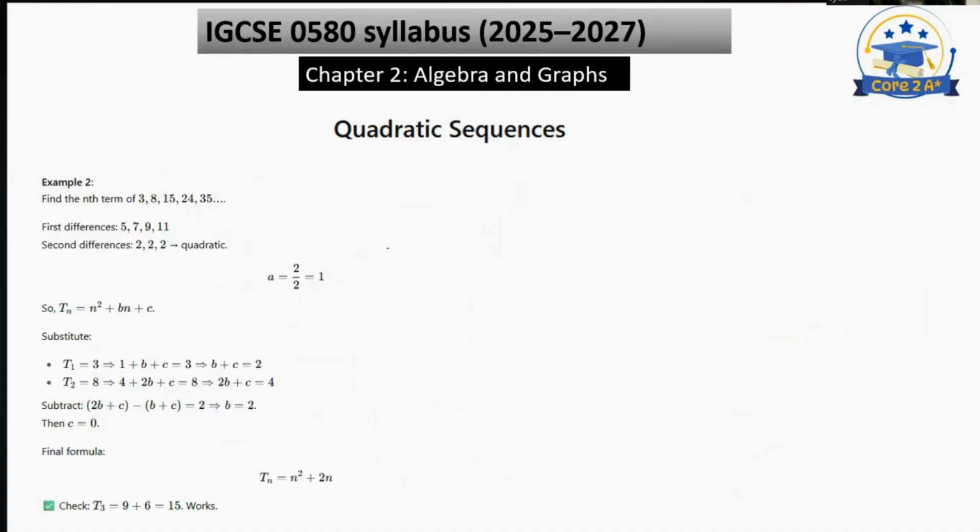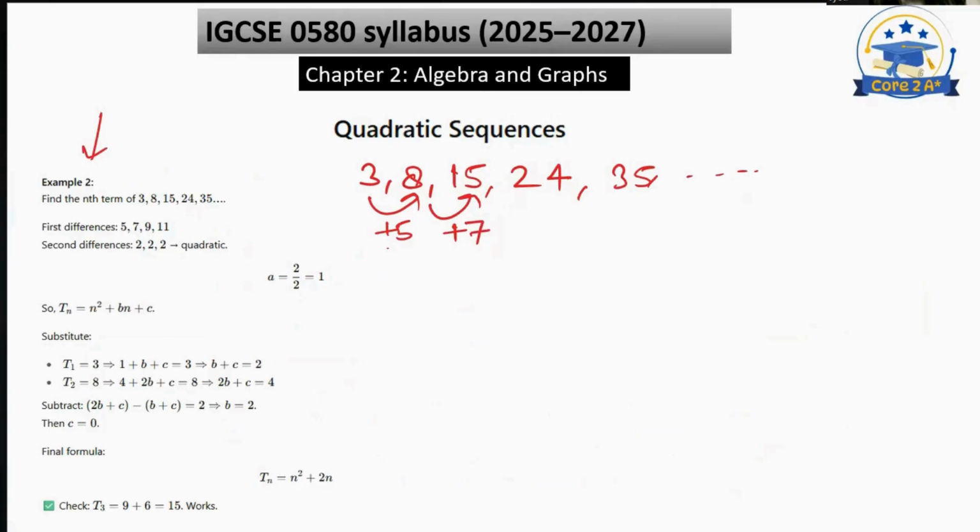Similarly, just solve example 2. Example 2, here we have the sequence 3, 8, 15, 24, 35, and so on. First difference is what? Plus 5. Plus 7.